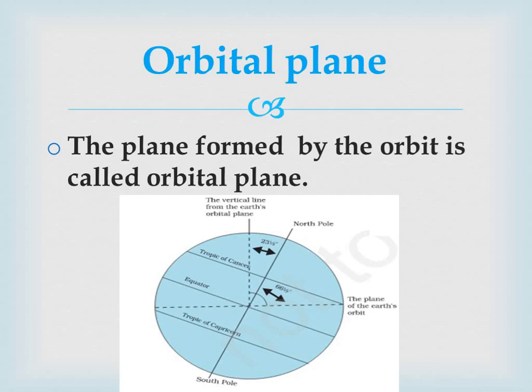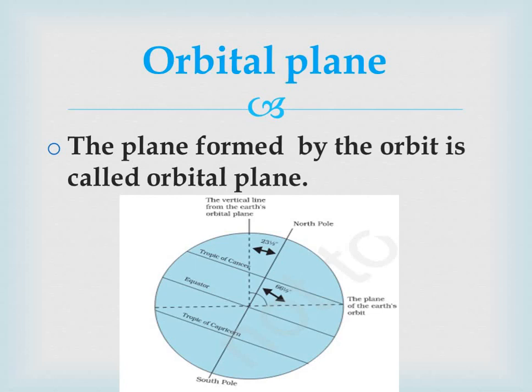Or you can say the inclination of the axis is 66.5 degrees. So we can say that the earth is tilted 23.5 degrees, and it makes a 66.5 degree angle on the orbital plane.